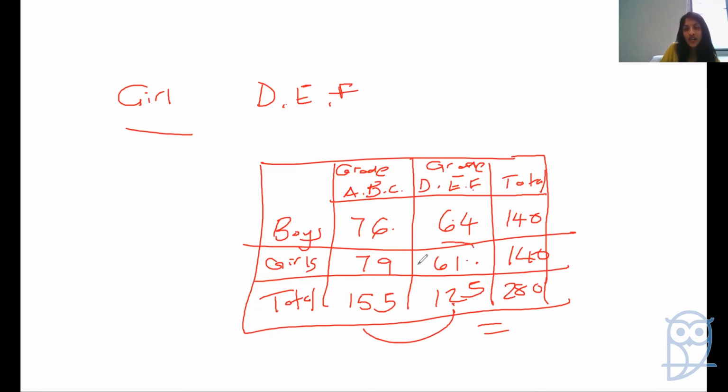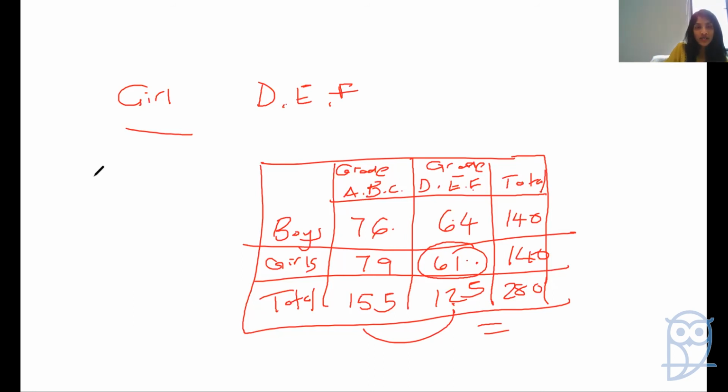Firstly, looking at D, E, or F, there's 61, okay? So how do we work out the probability of that? We're going to say 61 divided by 280.